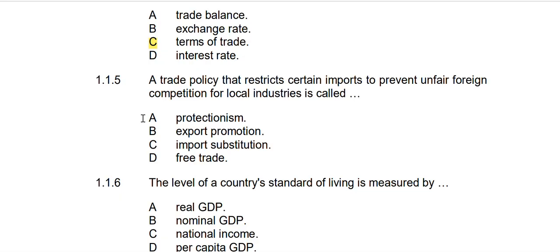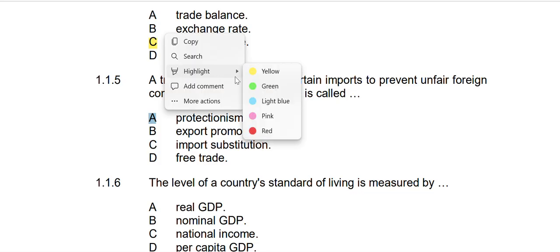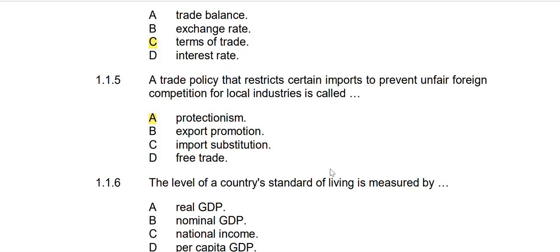In this case, the correct answer is A, which is protectionism. The correct answer is A because a trade policy that restricts certain imports to prevent unfair foreign competition for local industry is called protectionism. As the name says, it is protecting or preventing, and then it makes sense to say it is protectionism.